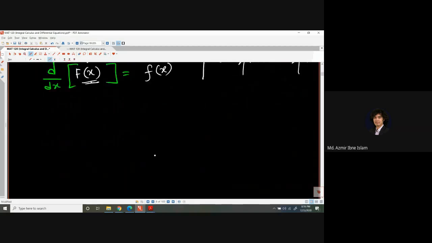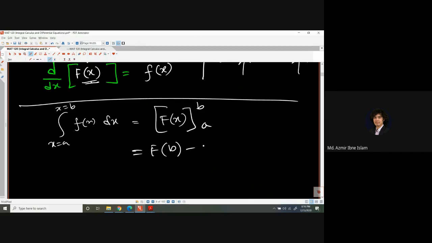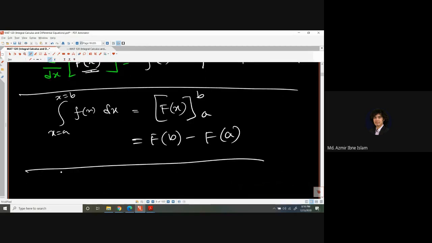In summary, if a function is continuous from x equal to a to x equal to b, and we are going to find the area, we get the antiderivative. The antiderivative at the upper limit minus the antiderivative at the lower limit is called the fundamental theorem of calculus.